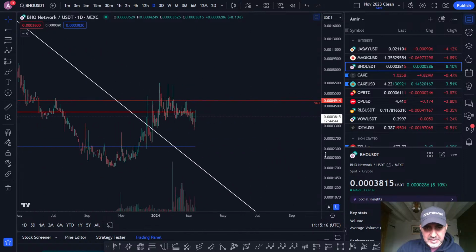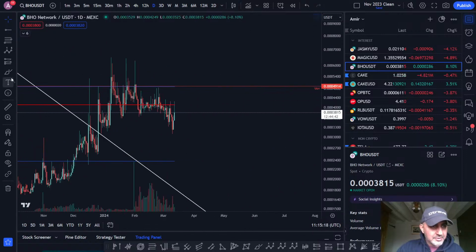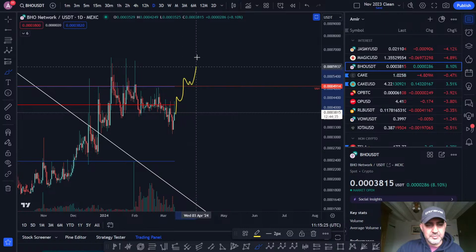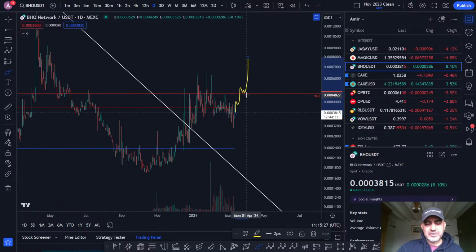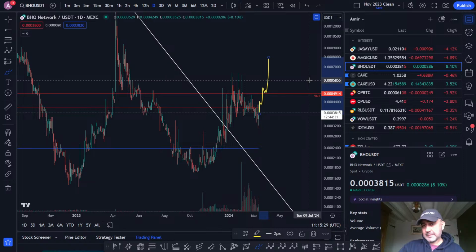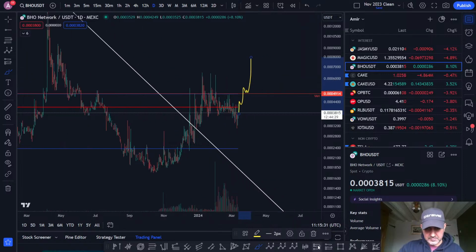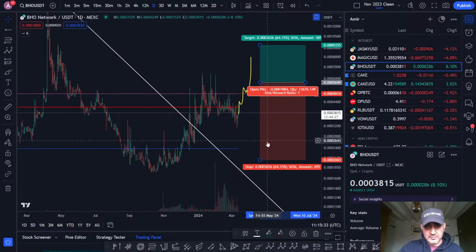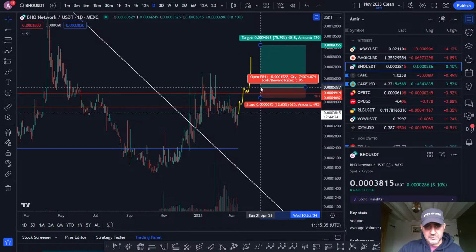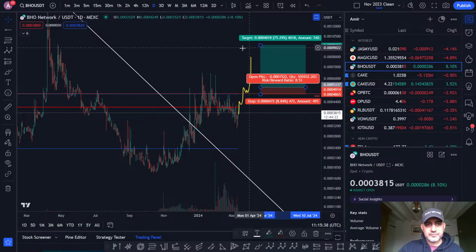I think if anyone's interested in this token, what you want to happen is you want the price to flip that value area high into support. That would be the trade. Something like that.